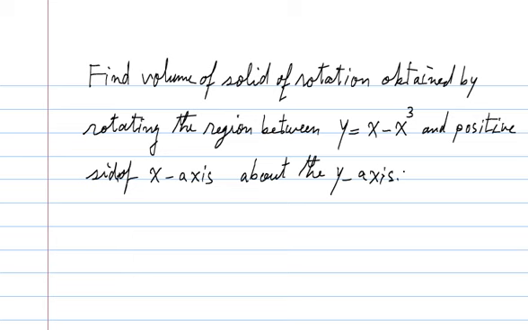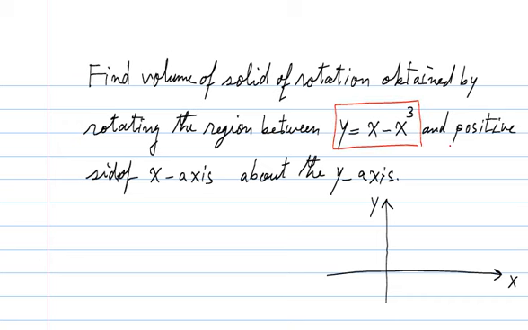Let me quickly draw a picture for this problem. Here's our xy coordinate system. Now this formula represents the boundary of our region, y equal to x minus x cubed.